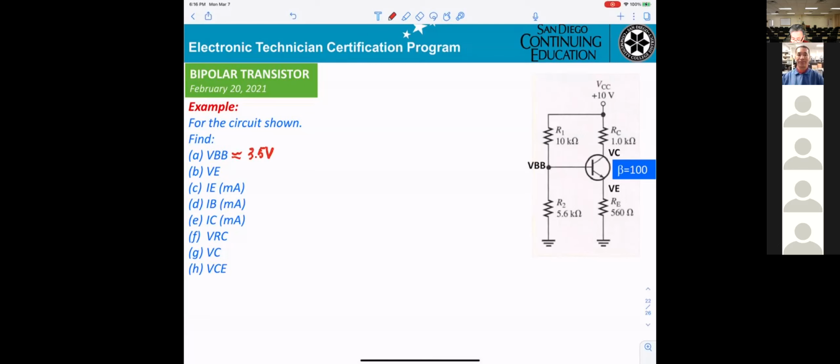Okay, yeah, you're right, I did it wrong. It's supposed to be 10 times 5.6K divided by 15.6. Right. And VE, 2.89.